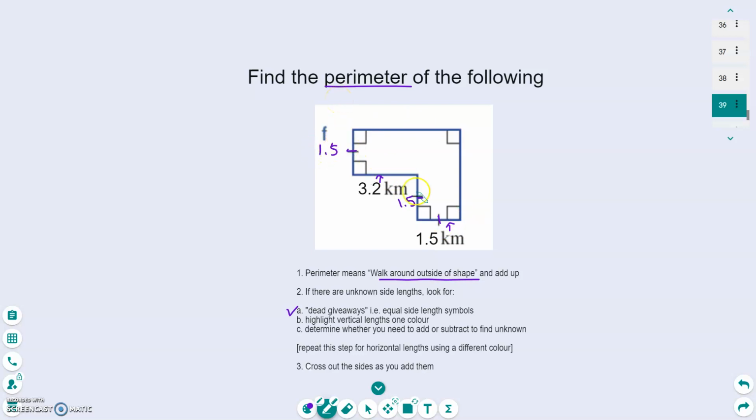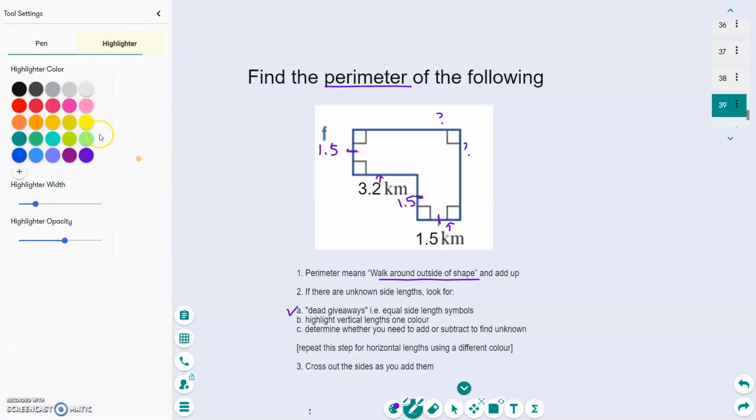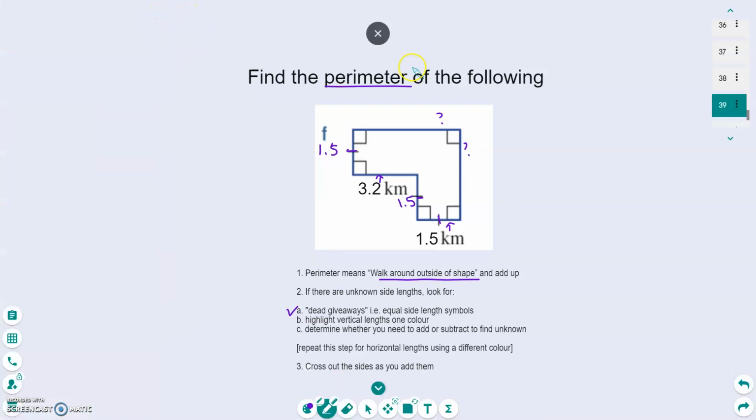Looks great. Okay, so we've got our dead giveaways. Now we've got some more unknown side lengths. This guy and this guy aren't labeled. But no fear. We come in with our highlighter and let's highlight either our vertical or horizontal.